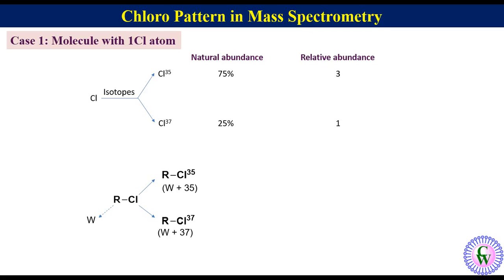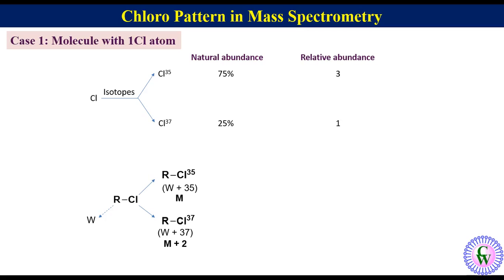The peak in the mass spectrum corresponding to W plus 35 is labeled as M, while that of W plus 37 is M plus 2, because the latter peak has 2 units higher mass.